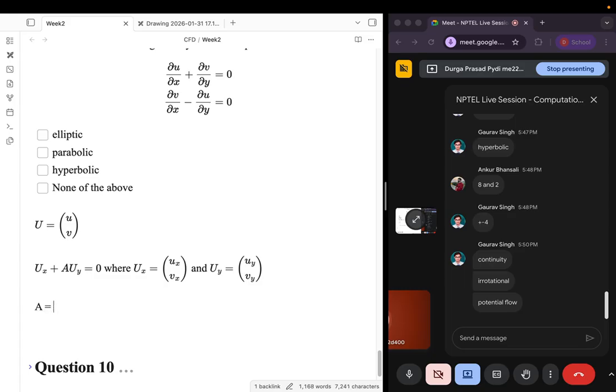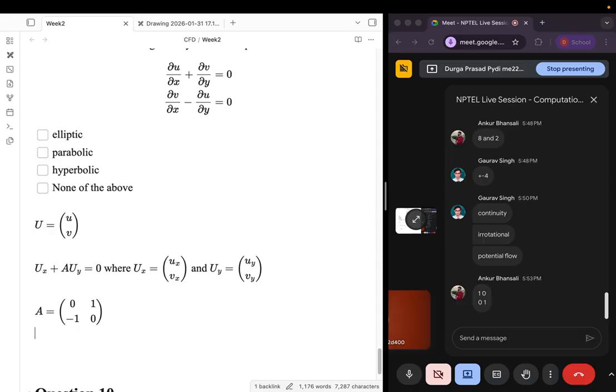So what is my matrix A? Something like this.